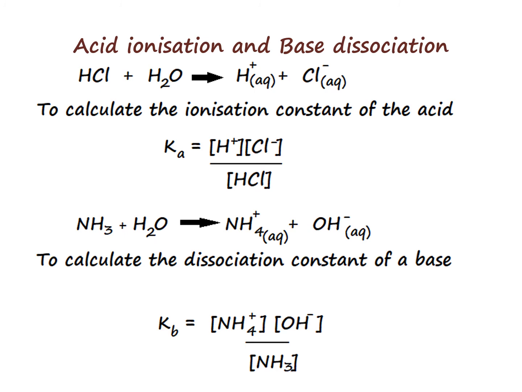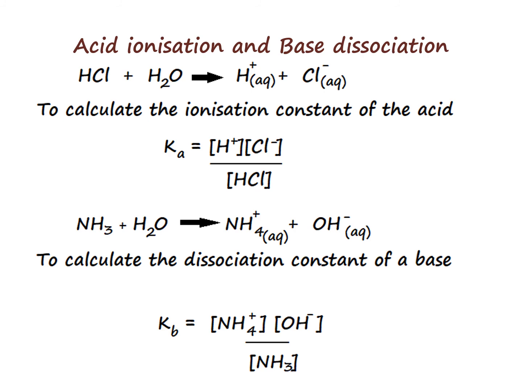Similarly, if we calculate the dissociation constant of a base, Kb, let's look at the example. Ammonia is your base plus water, arrow, ammonium, which is NH4 positive plus OH negative. Therefore, the equilibrium constant for the base will equal the concentration of the products over the concentration of the reactants.